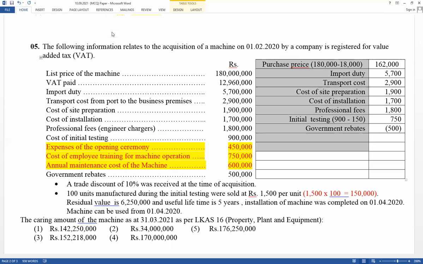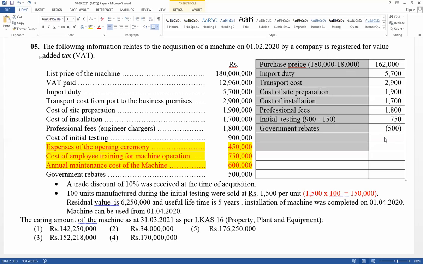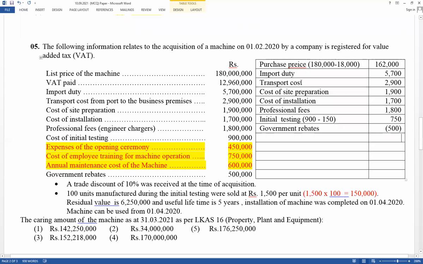Now take total value. This value should be considered as a cost value. Take total value. Therefore, 162,000 plus 5,700, 2,900, 1,900, 1,700, and 1,800.